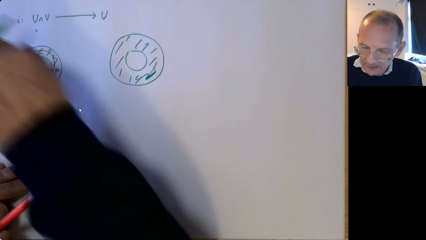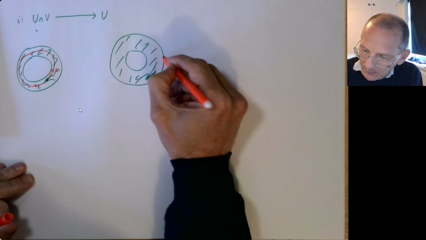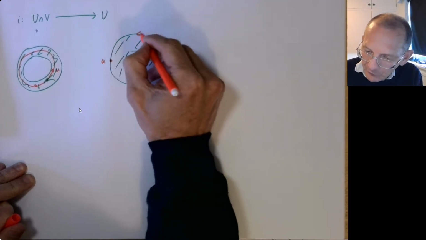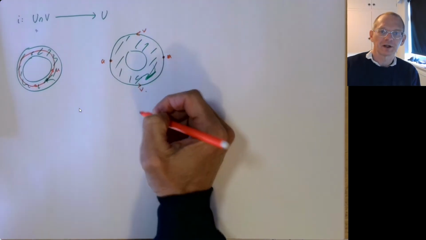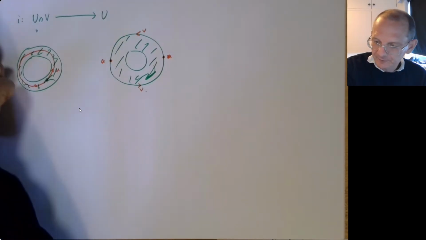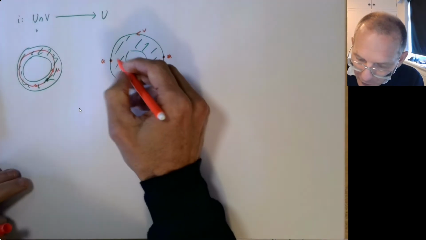Here's our U. We had the base point A here, and you've got V going here, and then this was also V because everything is glued. Okay, and then we can draw the loop U in here again.